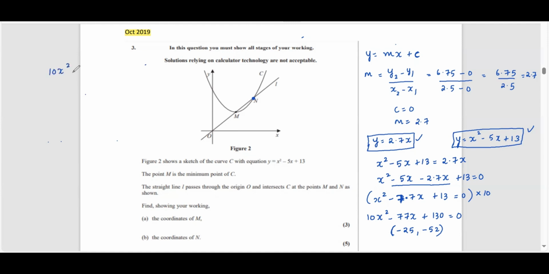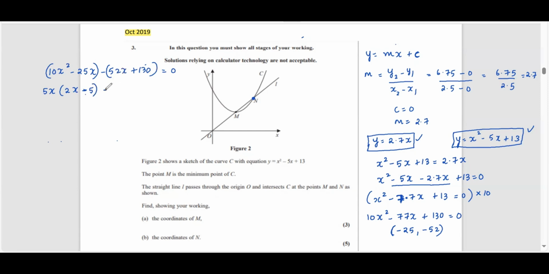10x square minus 25x minus 52x plus 130 is equal to 0. We have 5x common here: 5x into 2x minus 5.